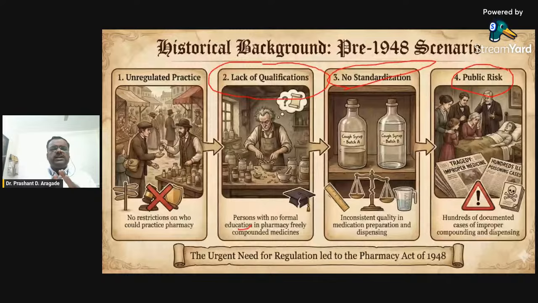There were no regulations available before 1948, and because of that, public health was at risk, because anyone could practice pharmacy. Even there was no consistency in pharmaceutical education. So there was an urgent need for regulations which could regulate the pharmacy profession within India. That's why the Indian government implemented the Pharmacy Act 1948.